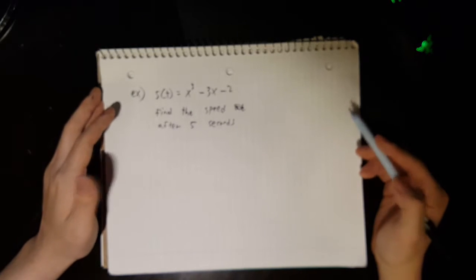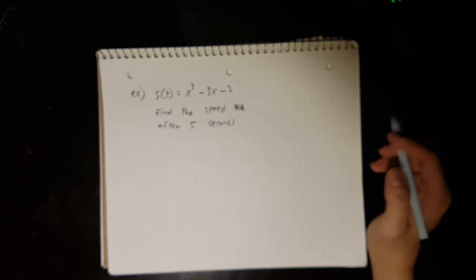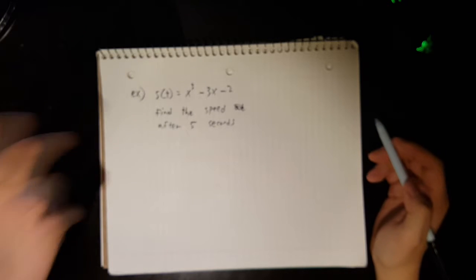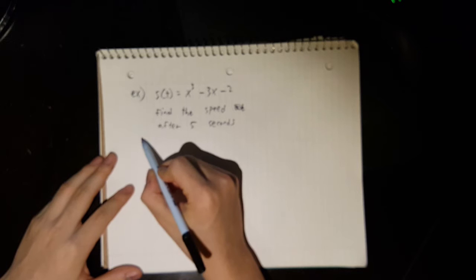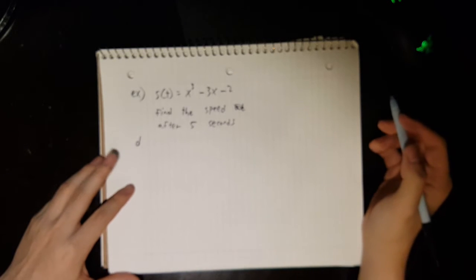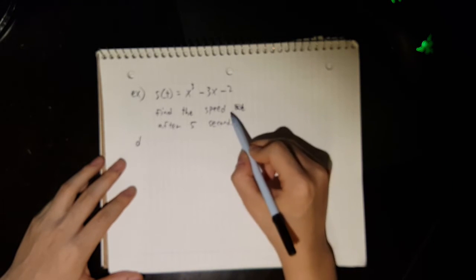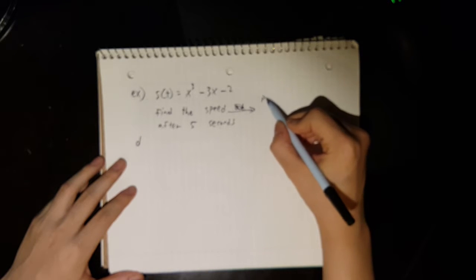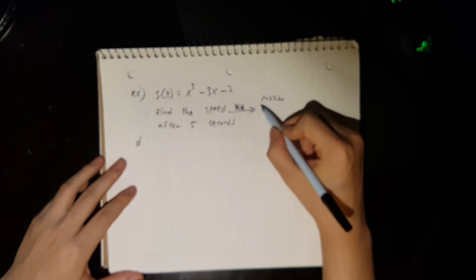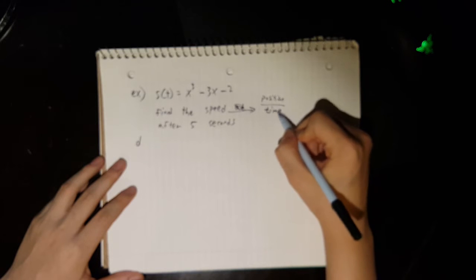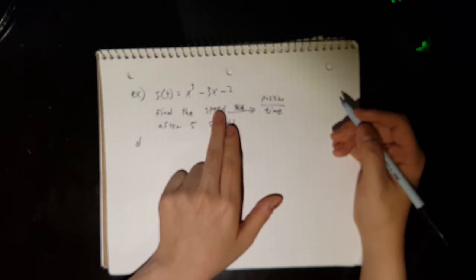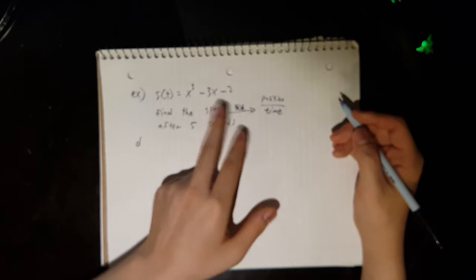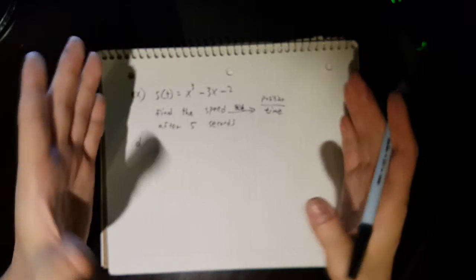Now previously, if you had no knowledge of calculus, you wouldn't be able to do this because, what are you going to do with it, right? But now you know calculus. So speed is position over time. Now this can be acquired by taking the derivative of the position function, because now we're saying that it's the rate of change of your position in terms of time.